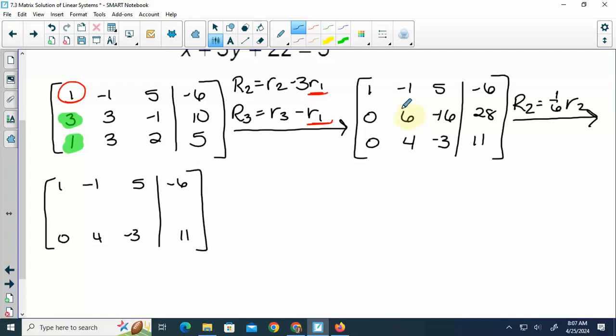So 0 times 1/6 is still 0. 6 times 1 over 6 is 1. Negative 16 times 1 over 6. And 28 times 1 over 6.